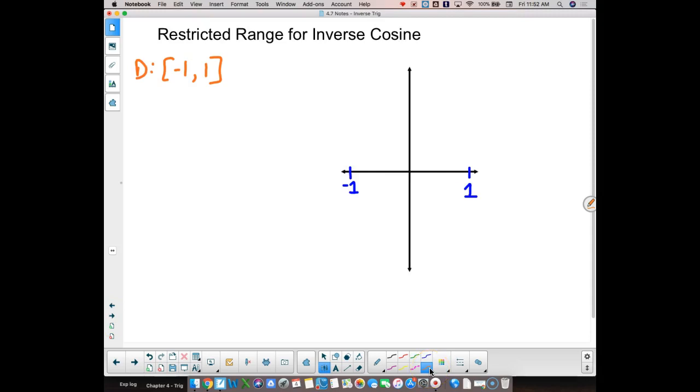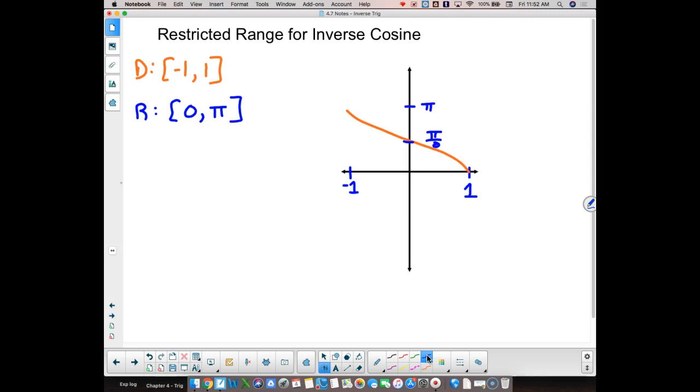We're going to take it from here to there, which includes pi/2 and pi. So to make it be a function, we restrict the range from 0 to pi.